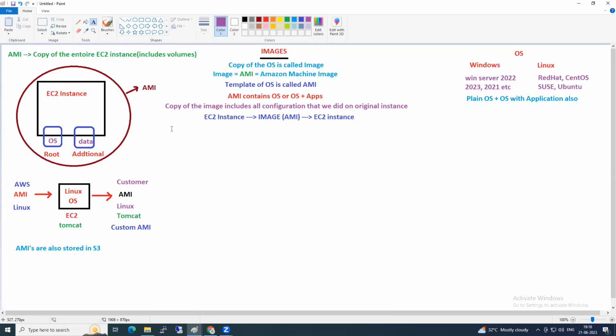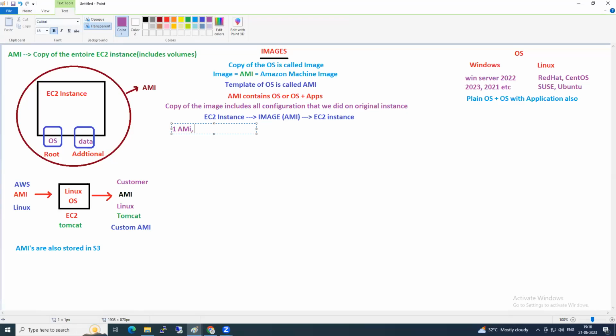Guys, with one AMI, can you launch multiple EC2 instances? Yes, one AMI can be used to launch multiple EC2 instances. Can I say AMIs are reusable? Yes. AMIs are reusable.